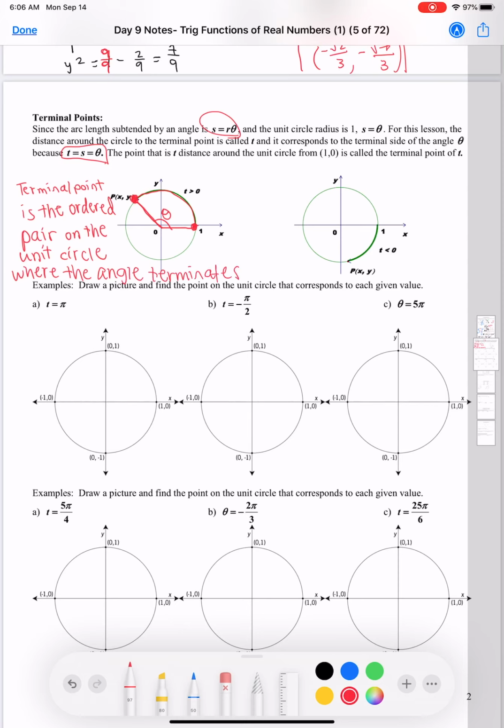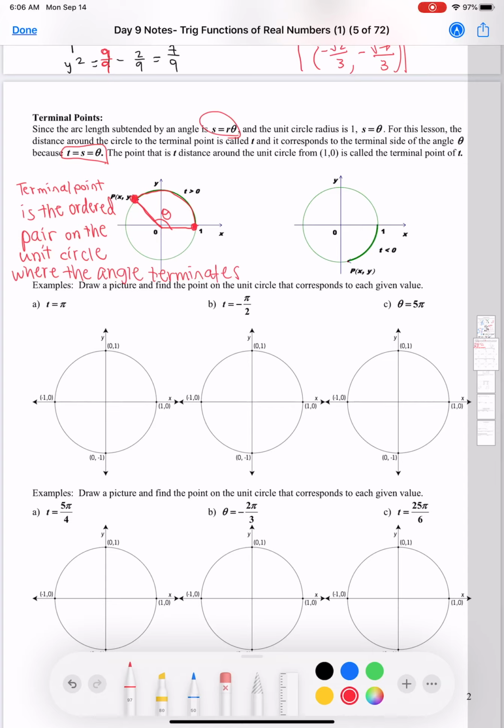Okay, think like terminate, we're stopping something. So our stopping point on the unit circle, so the second point here, that's what we would call a terminal point, and it's that ordered pair of that point.